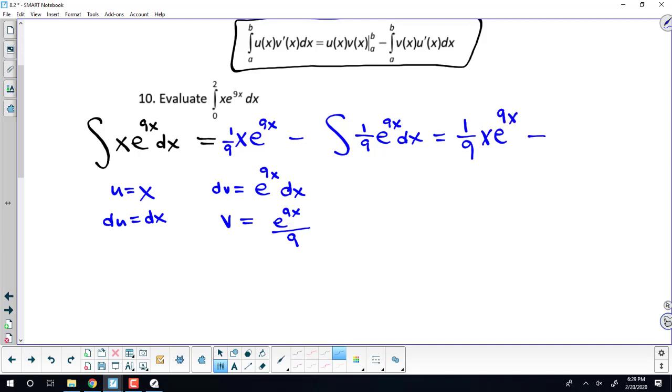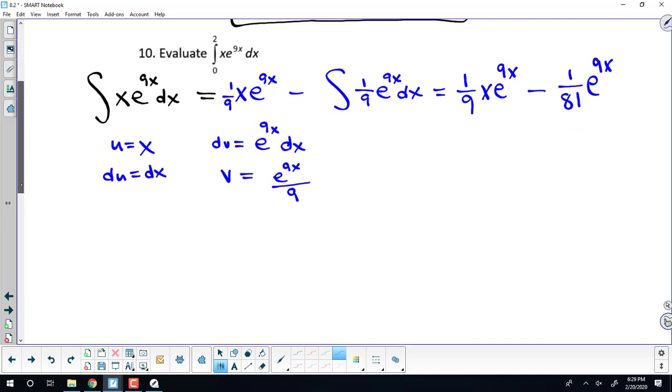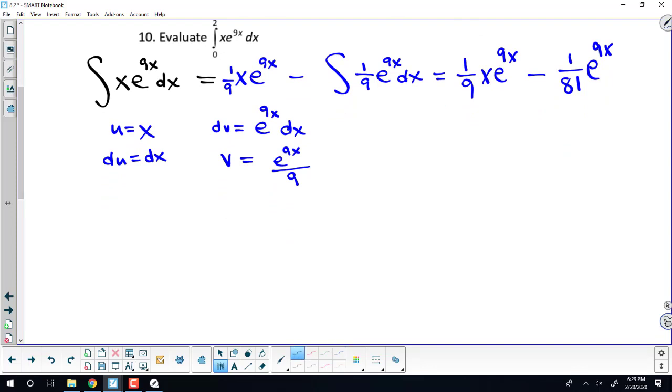Minus, so we get 1 over 9 times 9, e to the 9x. Now, we're keeping in mind that we're going to evaluate this from 0 to 2, so we don't need the constant in there. We just need the antiderivative function, and then we'll evaluate this from 0 to 2.